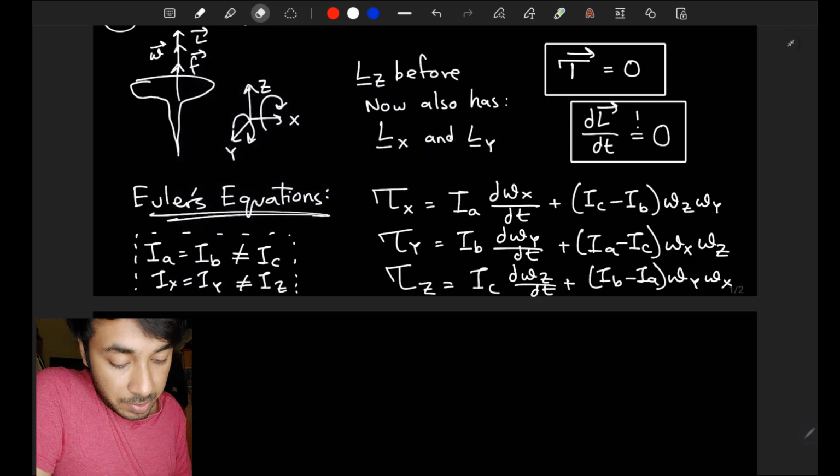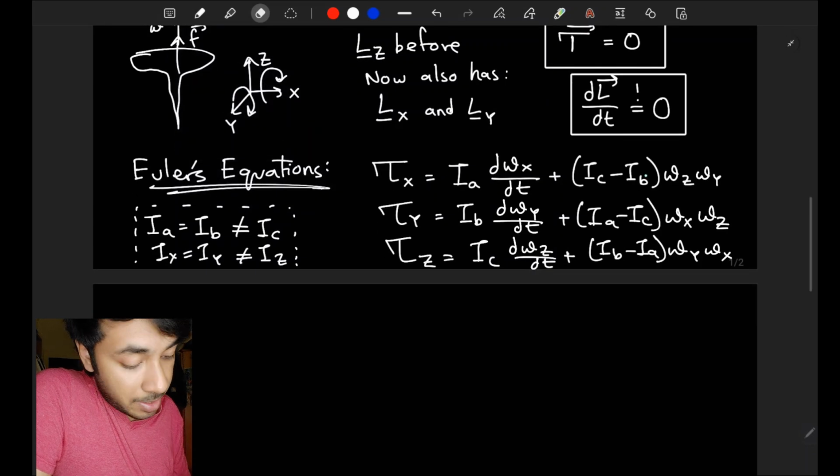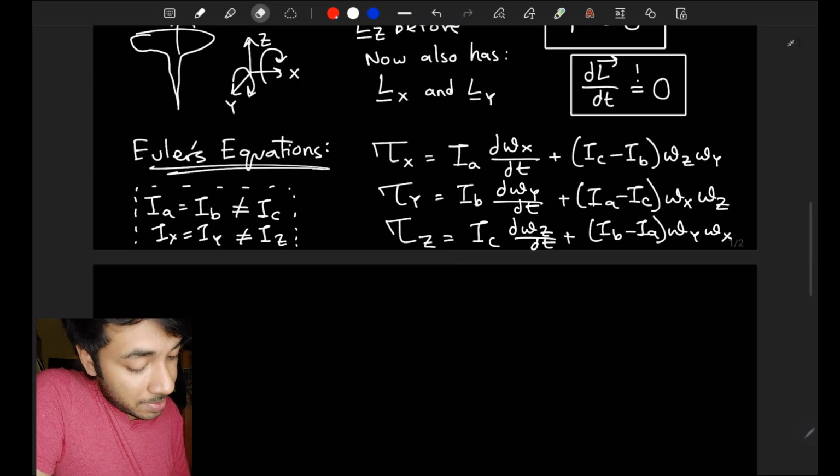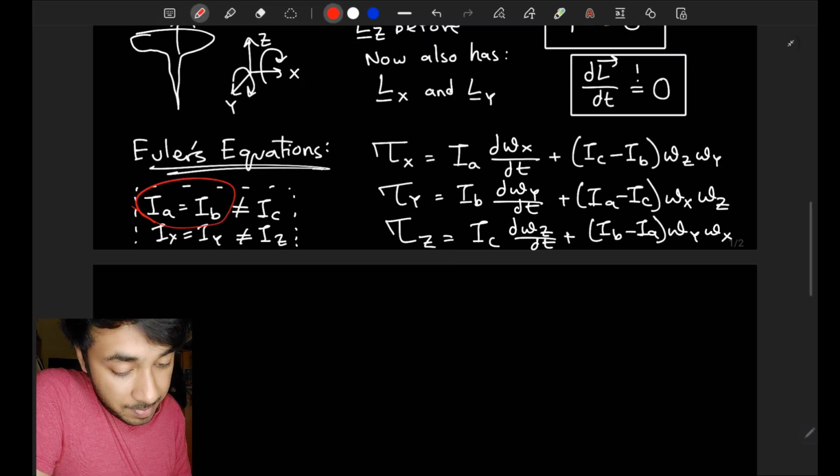So now when you think about it, since IA and IB are the same, I will reduce the radius of my eraser a bit. So what you can see is that IB and IA, I'll mark it once again, they are the same. So you can basically remove this IB and write it as IA, and everything basically stays the same.